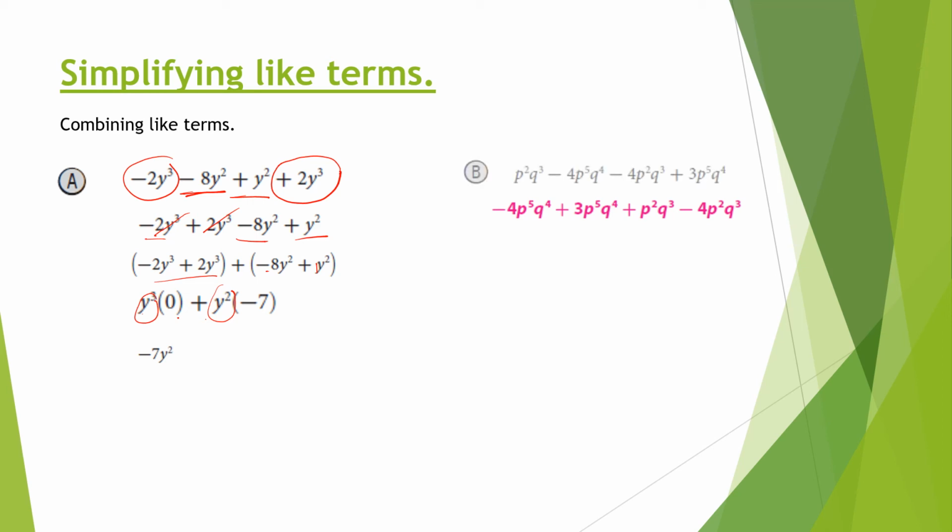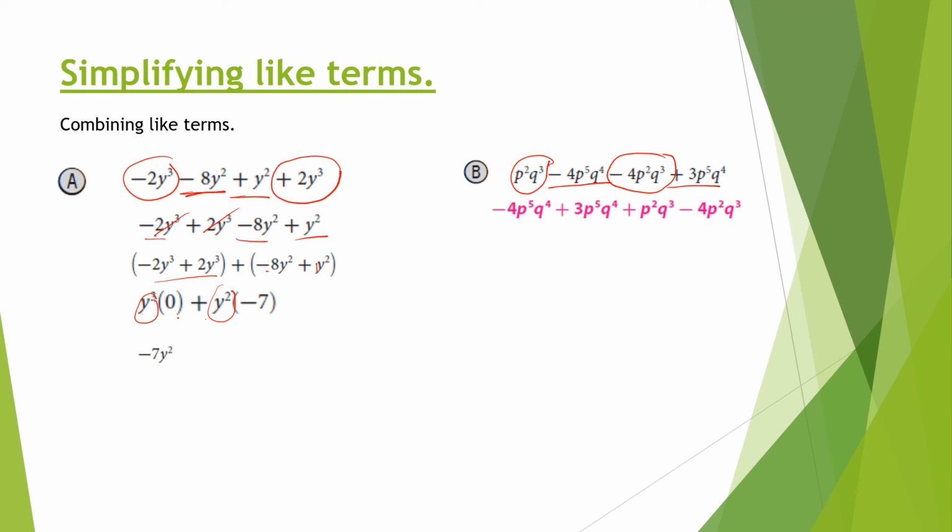The next one, p power 2 q power 3 minus 4 p power 5 q power 4 minus 4 p power 2 q power 3 plus 3p power 5 q power 4. Let's see. Here I have p power 2 q power 3, so this one and this one are the same, and this one and this one are the same.